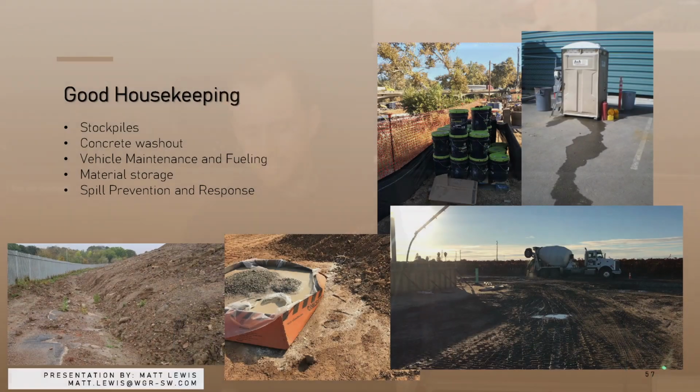What they're supposed to have, which they don't here, and why I added it, is a secondary container on a porta potty. When they wash it out, it would go into the tray, and then they have a little device that they could suck it out. That's why I added it, because when it comes to housekeeping, one of the number one things you'll see is not secondary containment of the porta potties, which you definitely want.